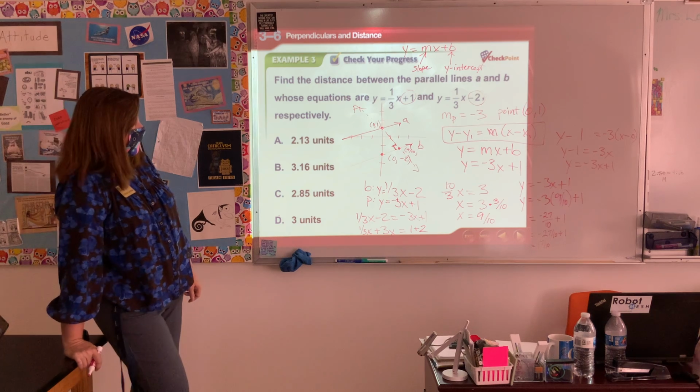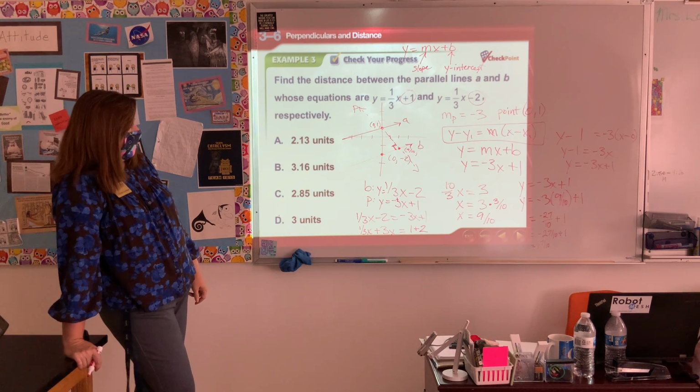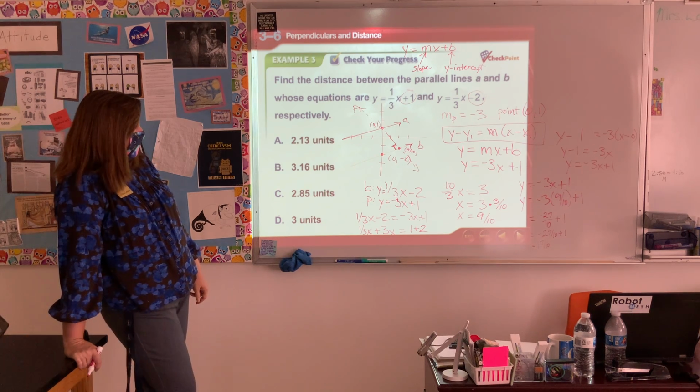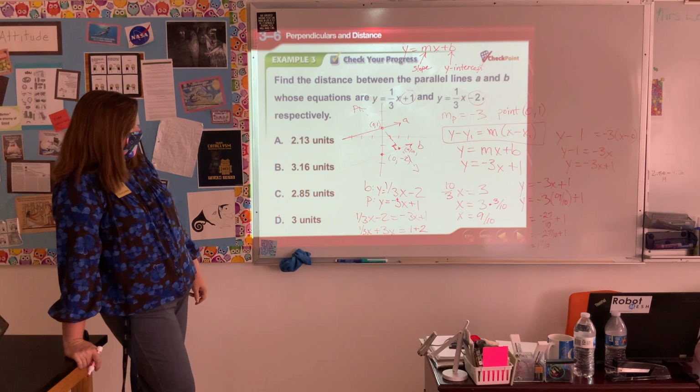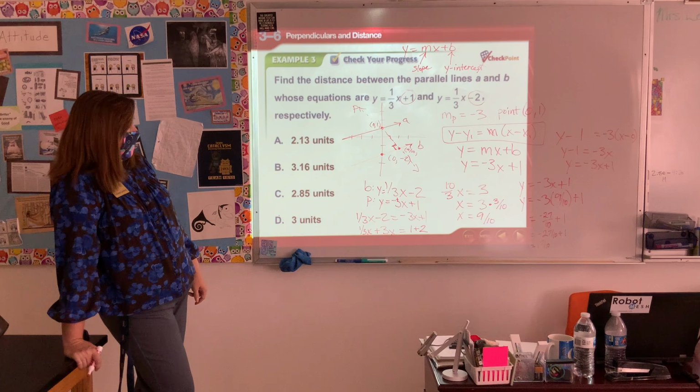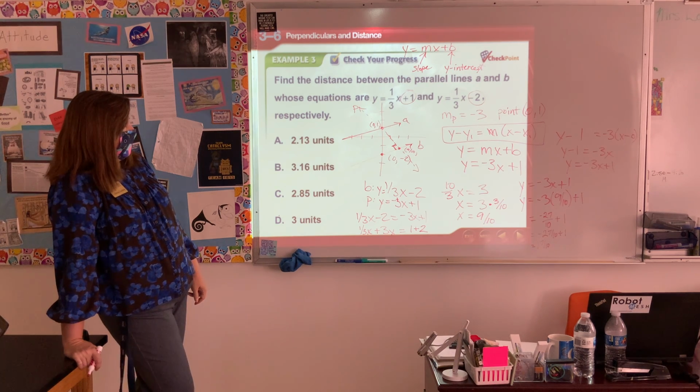Where's my error? B and P. 1/3 x minus 2 equals negative 3x plus 1.